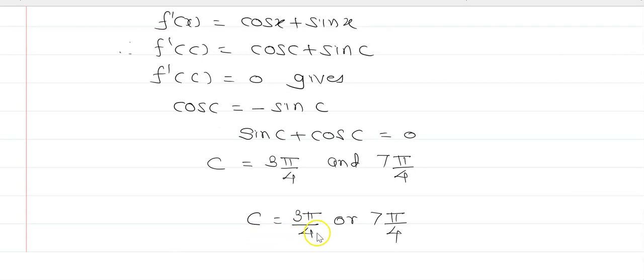In the previous problem, out of these two values, we take the 7 pi by 4 here, and that's why we will get its value as 0.